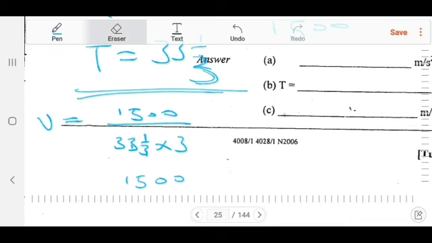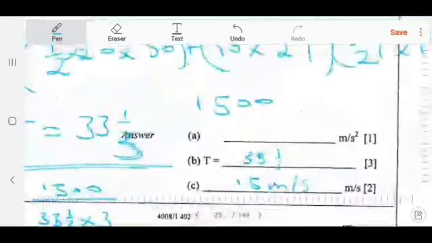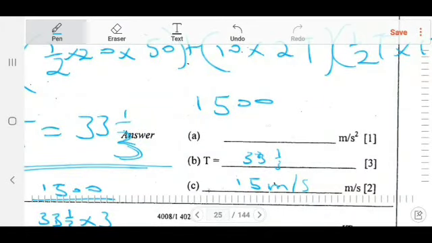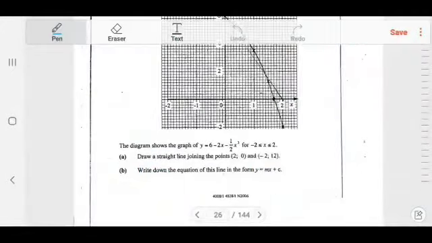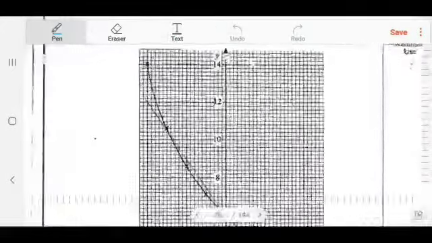This is going to give us an average velocity of 15 here. Here we found 2.5 as our deceleration. Then moving on to number 26.